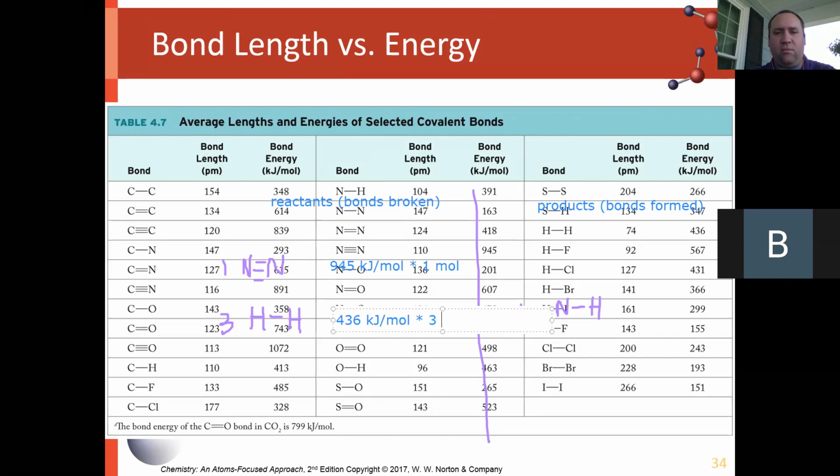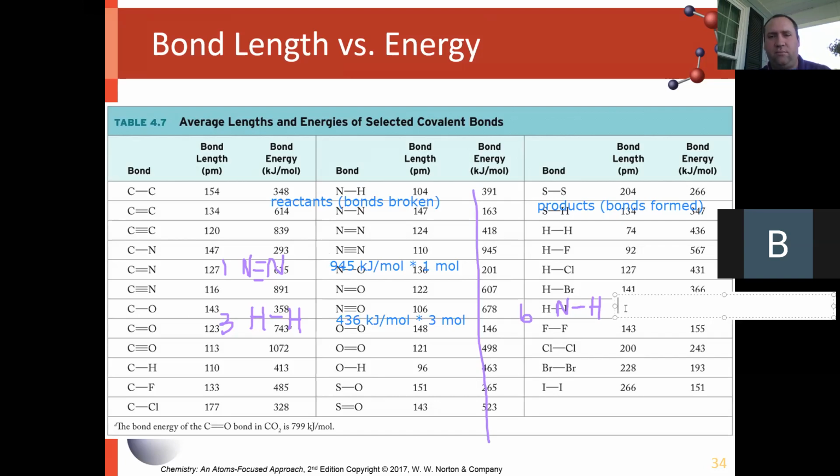And I have 3 moles of that because I have 3 of those types of bonds. And then finally, nitrogen to hydrogen single bond, 391 kilojoules per mole times 6 moles.